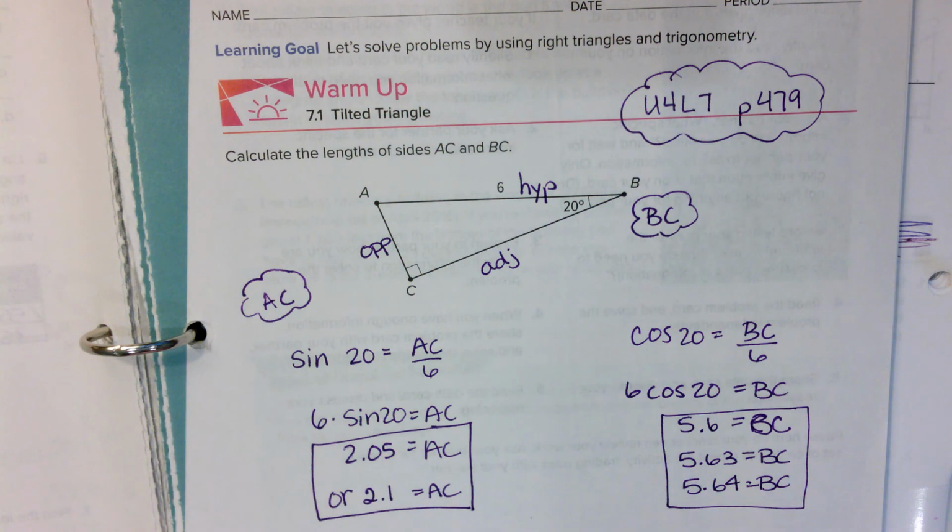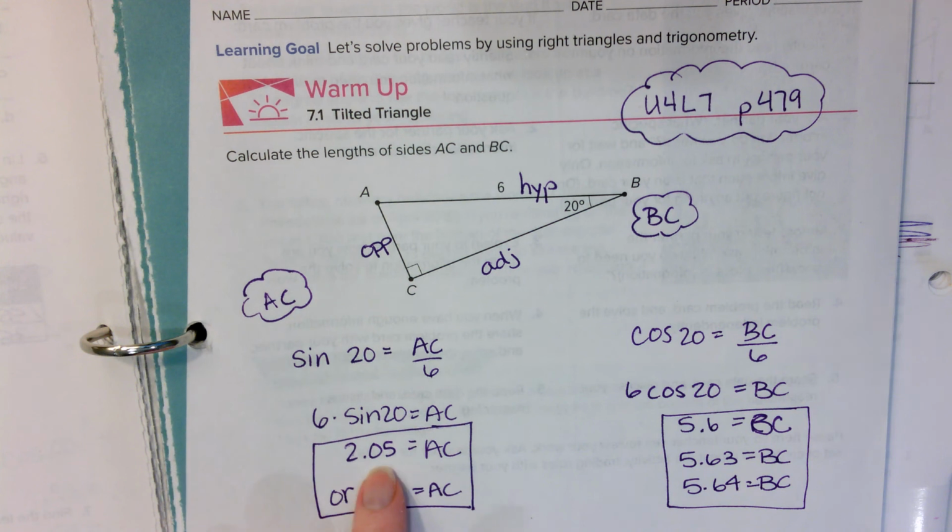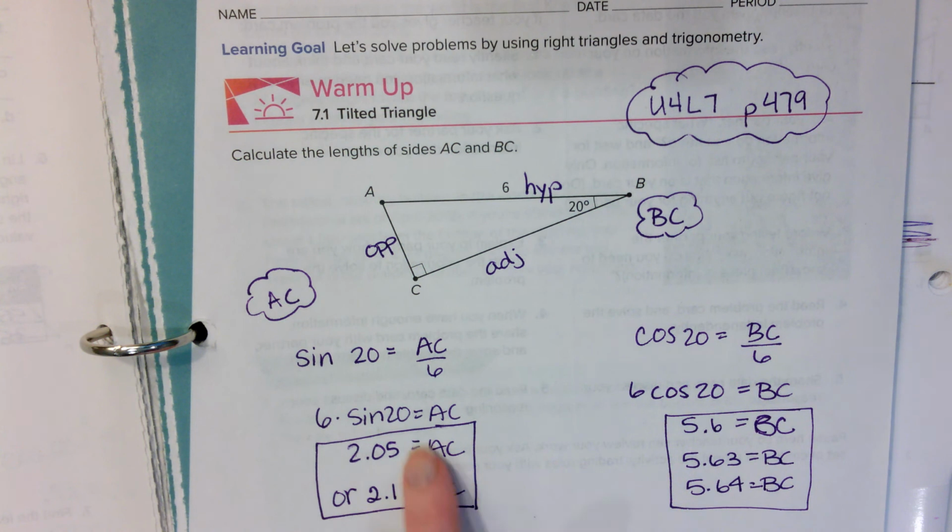Welcome back, Geometry. Notice I have a few multiple answers because I want to remind you that if it's a free response, meaning not multiple choice, it doesn't really matter to me about your rounding or truncating. For example, if you write 2.05, it just means you truncated the rest of the decimals, or you decided to round because of the 5 and write 2.1.